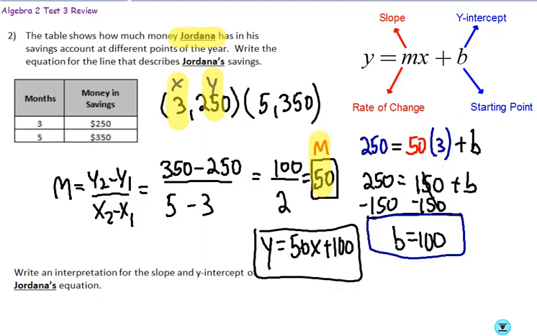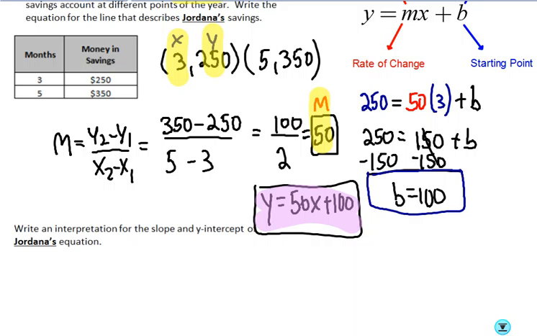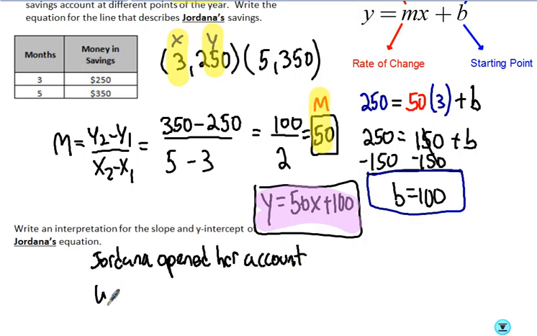And then our answer for the second part would be the interpretation. Well, again, the y-intercept is the starting point. So we could say that Jordana opened her account with $100 and saved $50 per month.